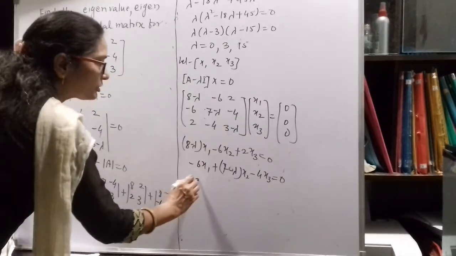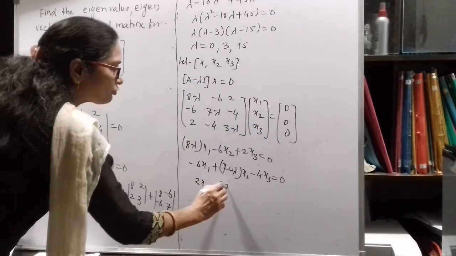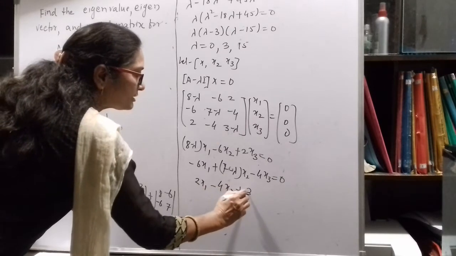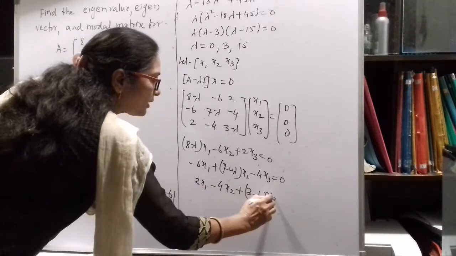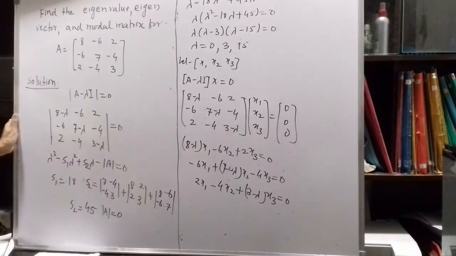And 2x1 minus 4x2 plus 3 minus lambda into x3 is equal to 0. We are getting these three equations.